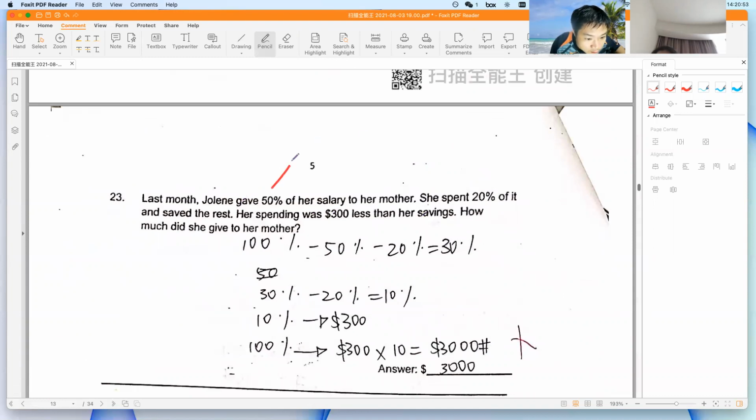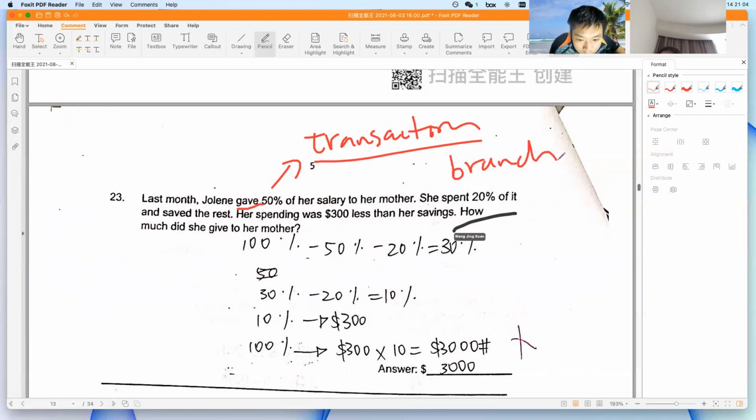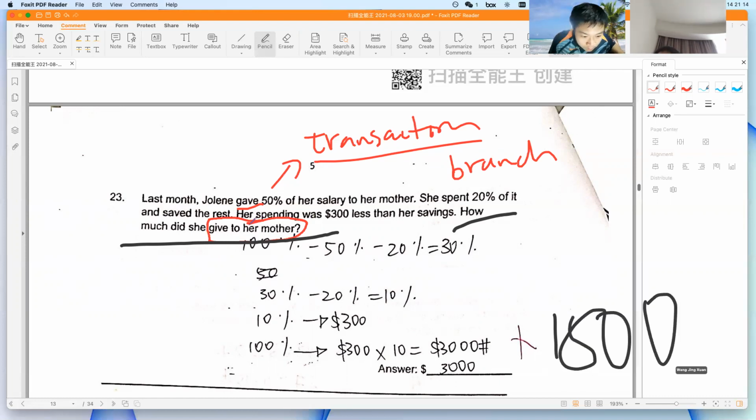Okay, first thing first, this is a transaction question. So for a transaction question, what I like to use is the branch method. So how much did she give to her mother? Okay, it's okay.